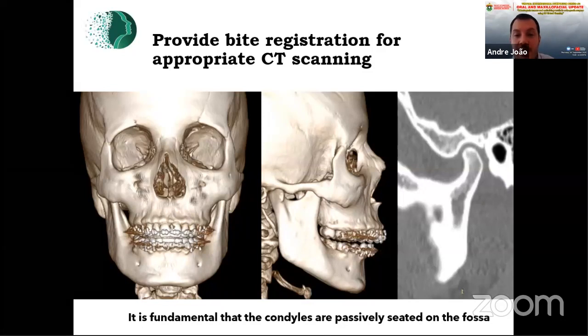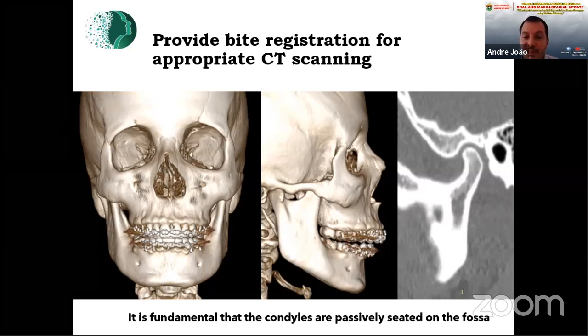And I have had a problem with this. I had friends that faced the same problem, because when you do the planning, it seems that you're going to advance the mandible, let's say, 5 centimeters forward. And then when you go to the surgery and the condyle returns to the natural position, they get seated on the fossa.